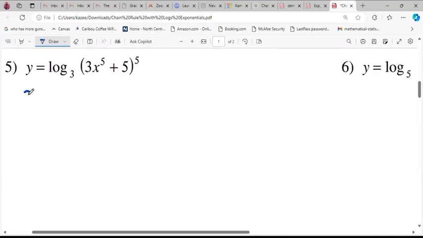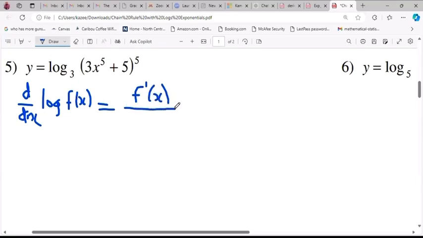So the law says ds of a log, the log of f, where f is a function, ds of log of s, is going to be equal to f prime of s divided by f of s, ln a, provided the base here is a.